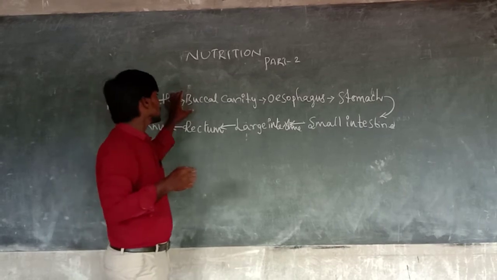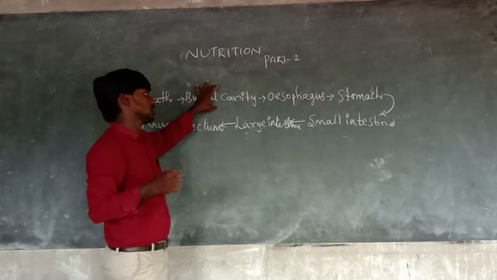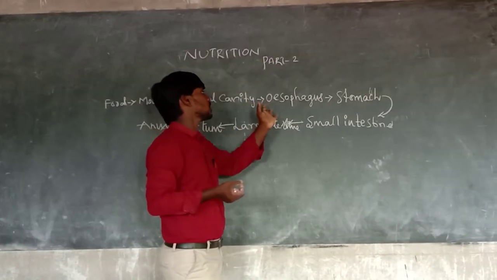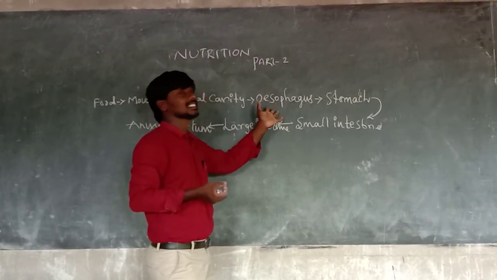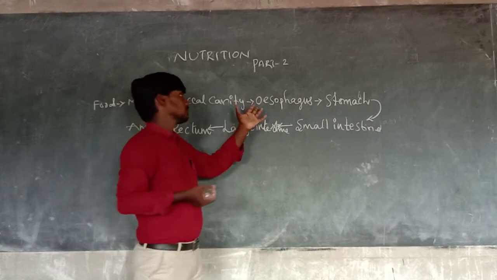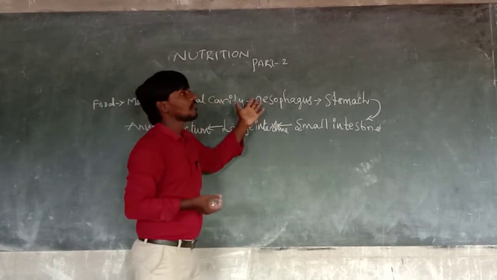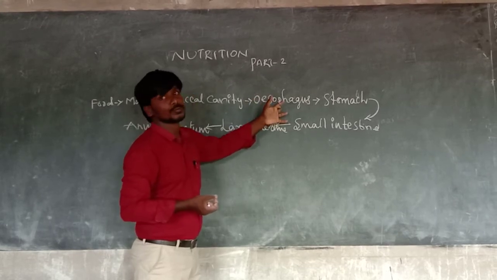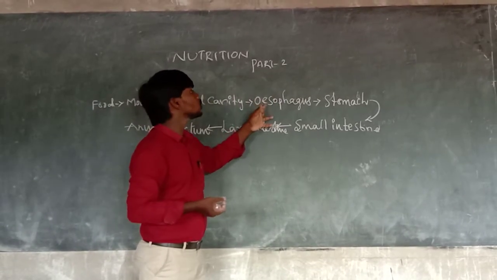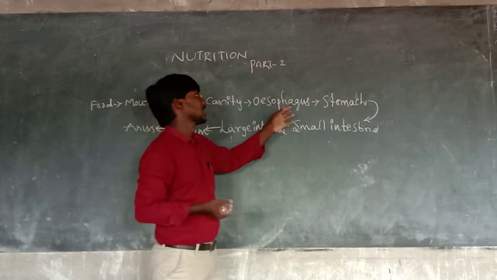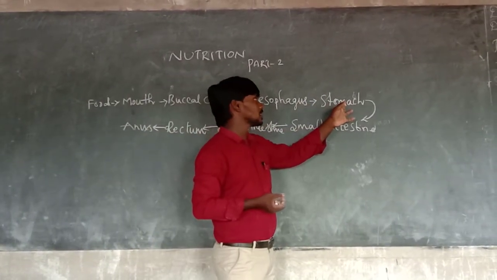Okay, so it enters the buccal cavity. After the buccal cavity comes the esophagus or food pipe. This pipe runs from the mouth to the stomach, and after that the food enters the stomach.